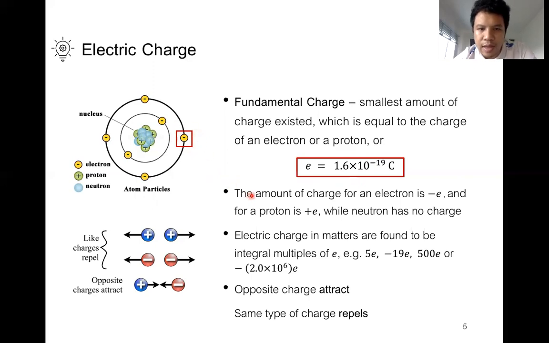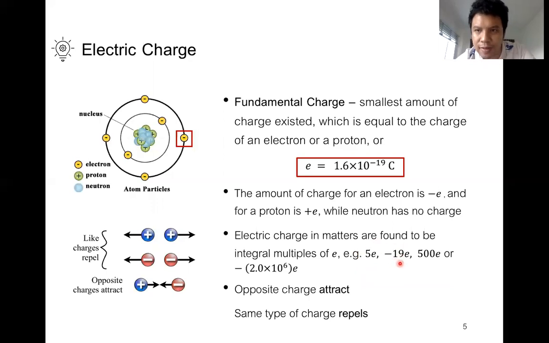Okay, and we say that the amount of charge for an electron is minus e, and the amount of charge for a proton is plus e, while a neutron has no charge. And the electric charge in matter is found to be an integral multiple of e, such as 5e or minus 19e.